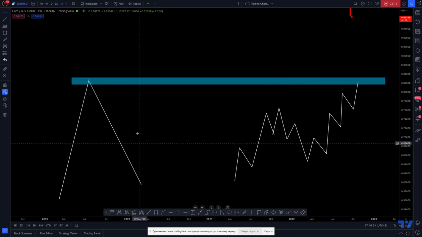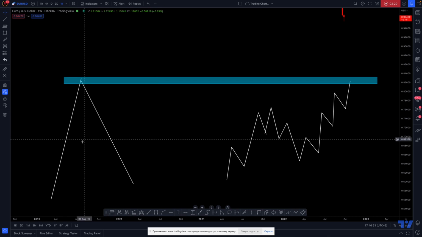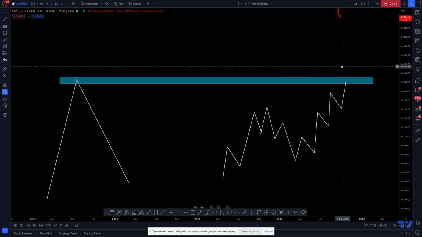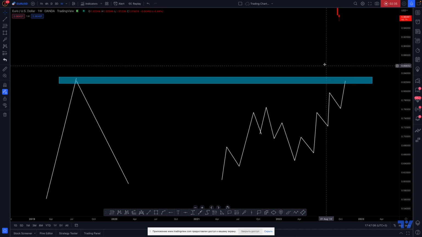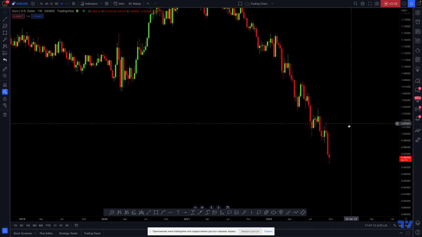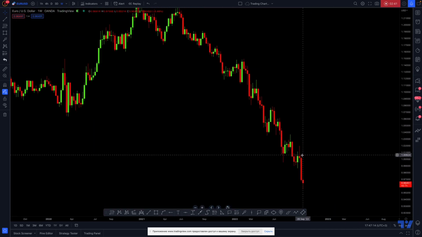You can see that right here. Many years ago, the market reached that structure, and most likely, we will expect a similar kind of reaction from the structure once the market approaches that again. This theory is better to be explained on the example.